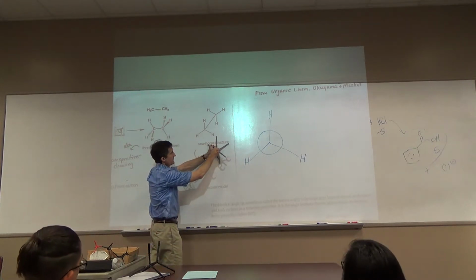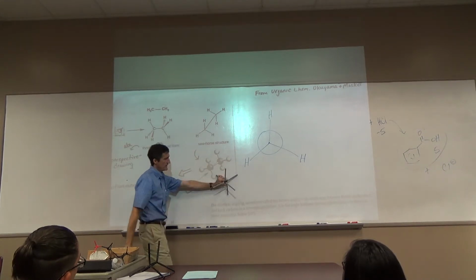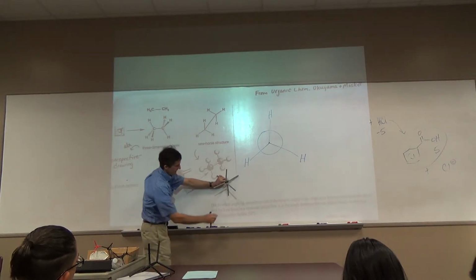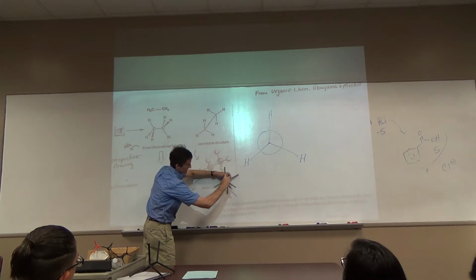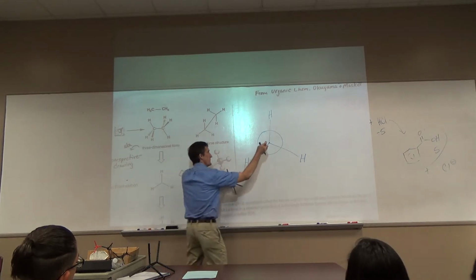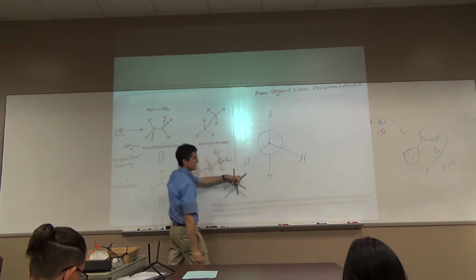Now the back carbon, what do we see? First off, if you're looking straight through here, the back carbon is sort of hidden. But it's back there. And if this was kind of a big disk, you wouldn't actually be able to see the carbon, but you can see the H coming down from it. The carbon is back there. You can't really see it, but you can see the H coming down from it.